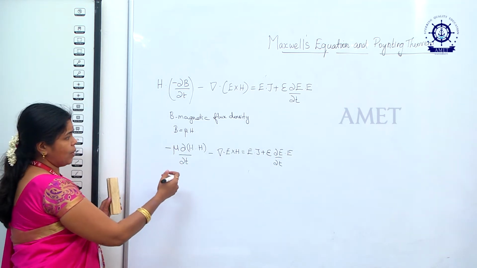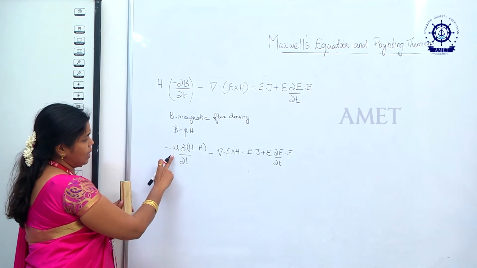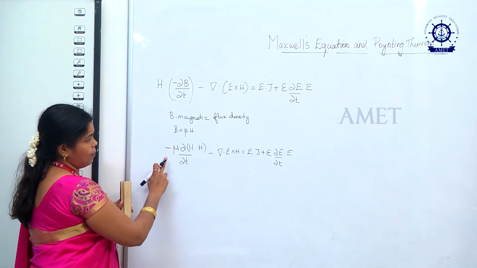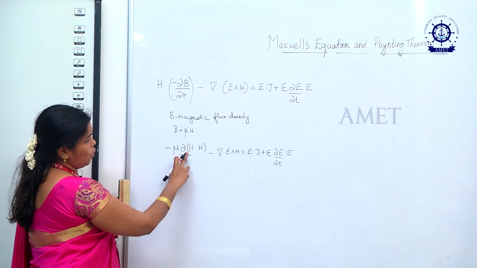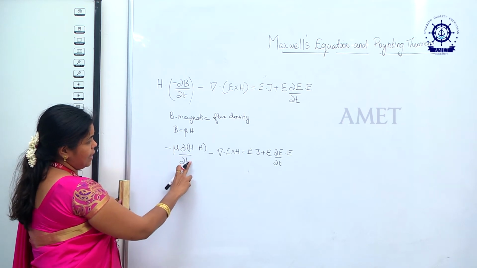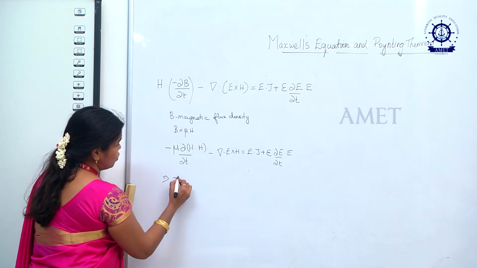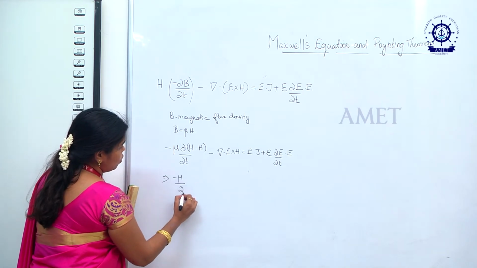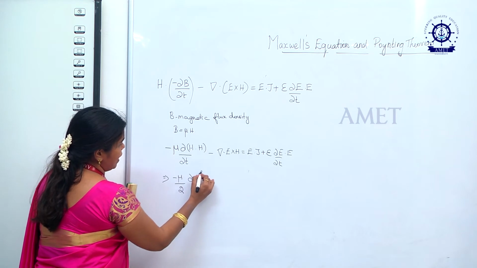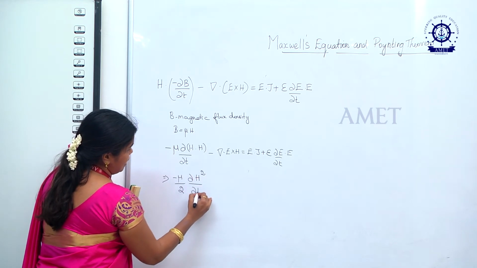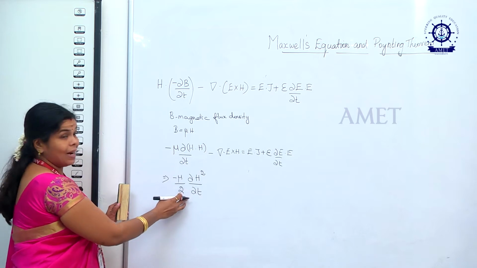From this equation, the expression minus mu H dot dou H divided by dou T can be written as minus mu divided by 2 dou H square divided by dou T.